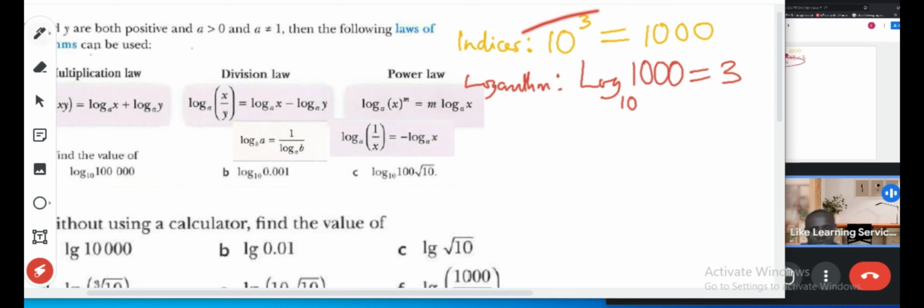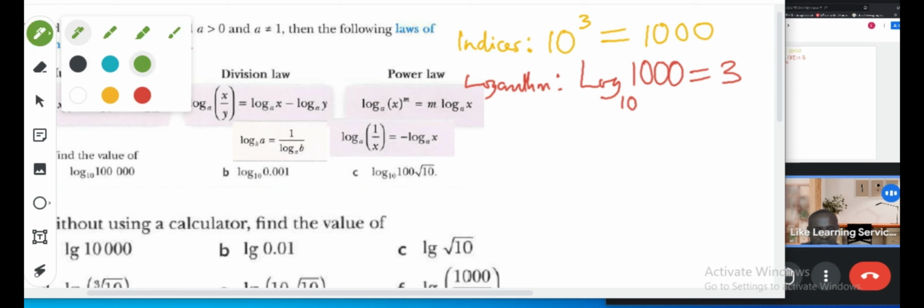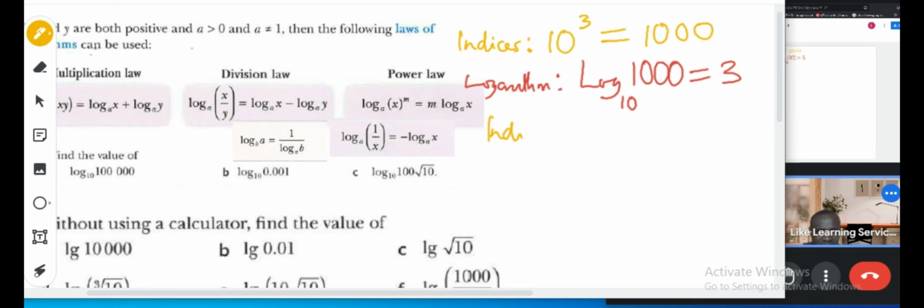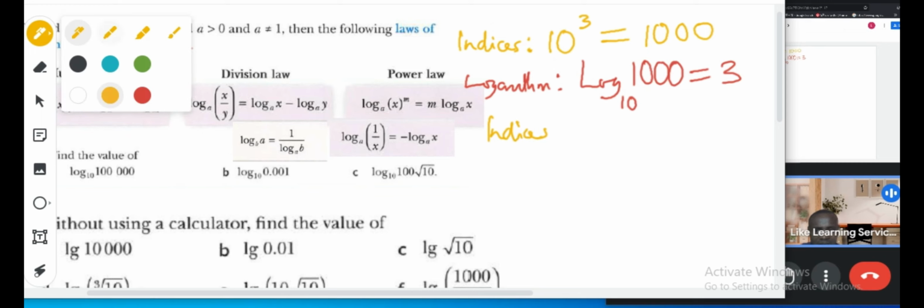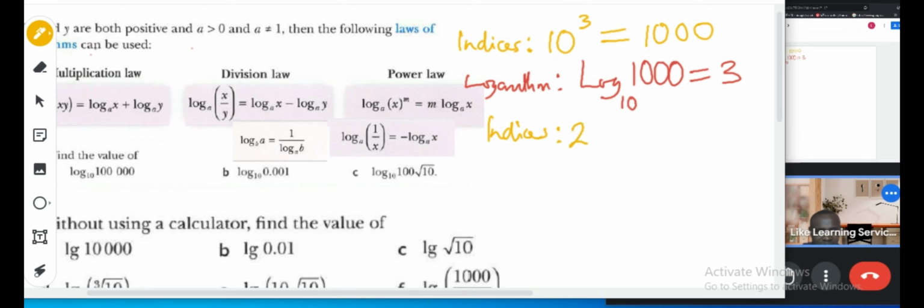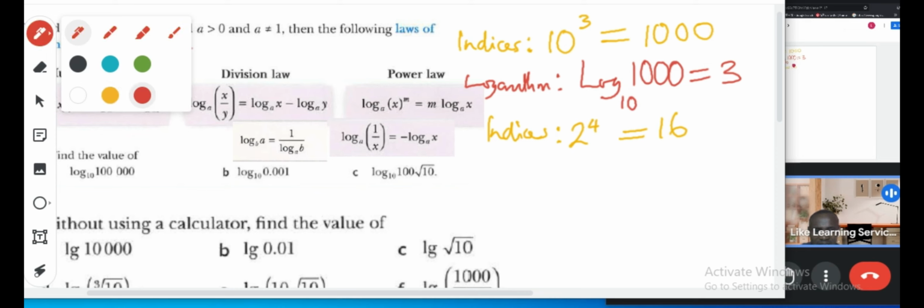Let me give you one to see if you can write it following this method. In indices, 2 raised to the power 4 is equal to 16. How can I write this in logarithm form?